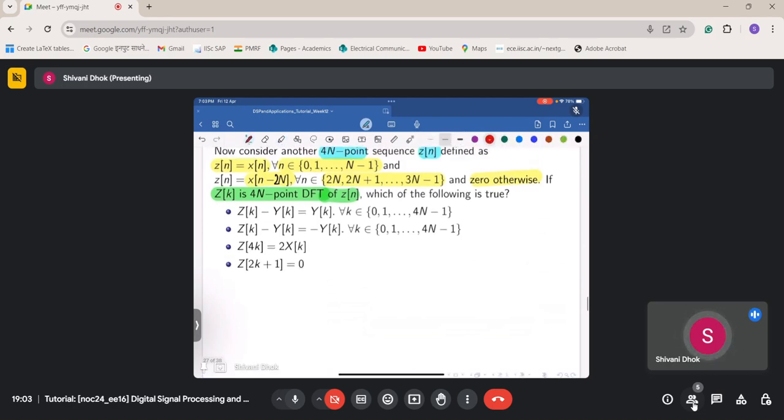So what is given to us? We have z of n. So this is a 4N-point sequence.